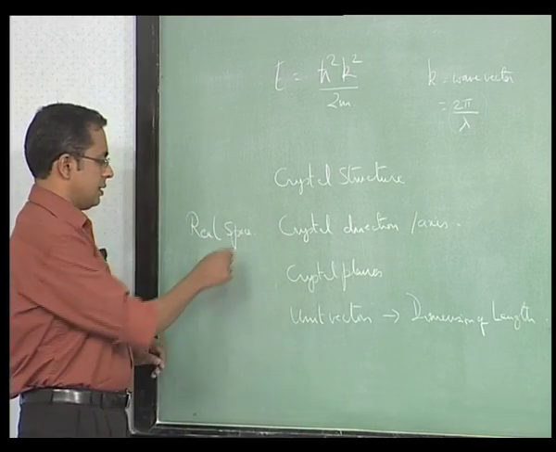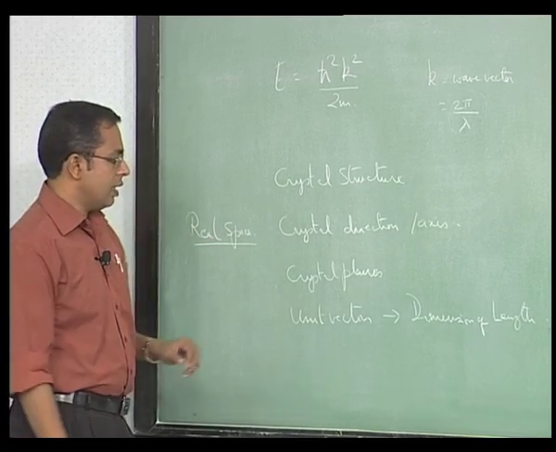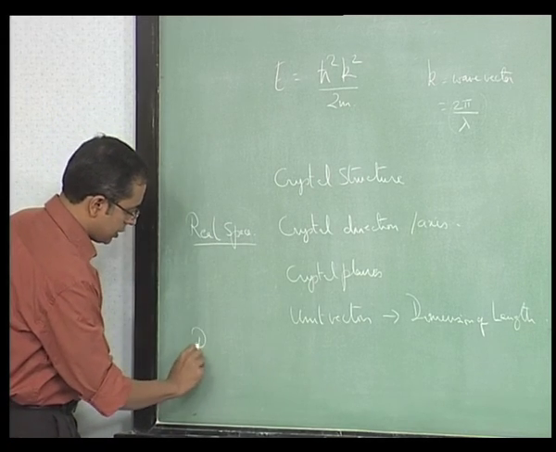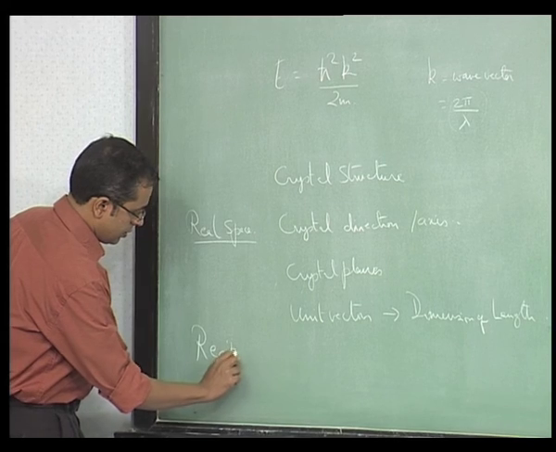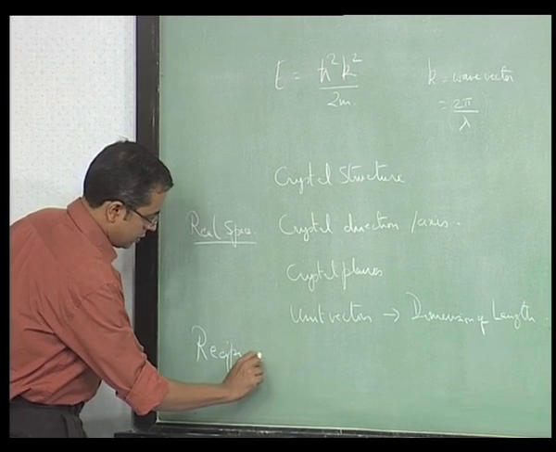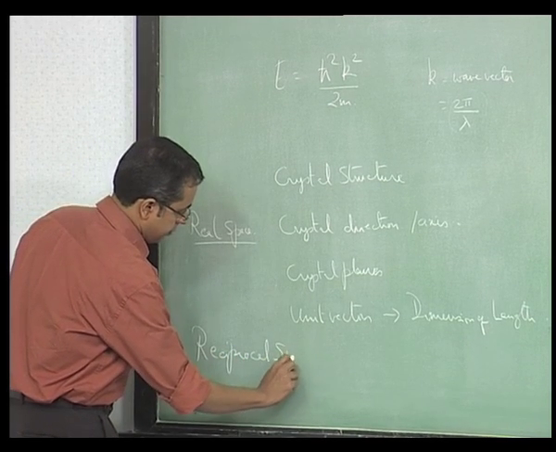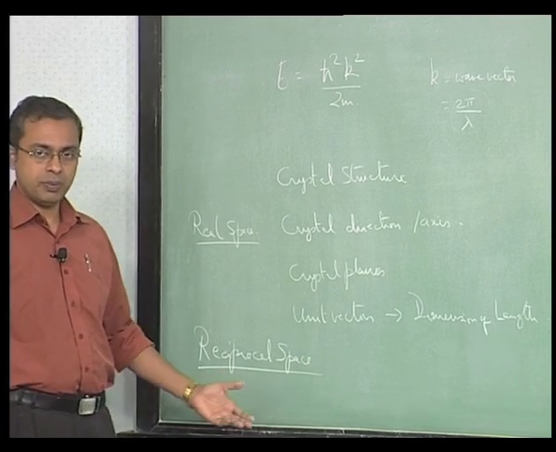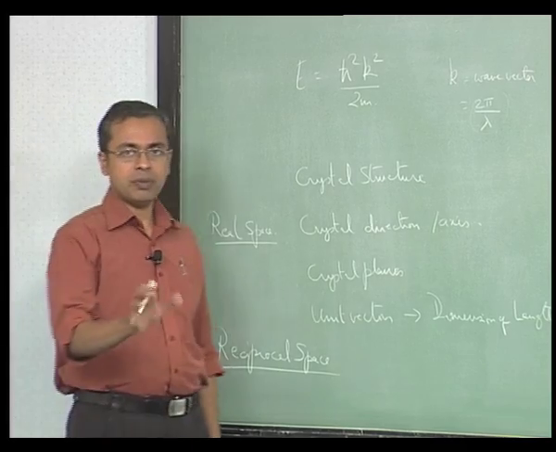So this is real space. What we are going to do today is define something that we will call reciprocal space, and we will begin to see some of its properties.